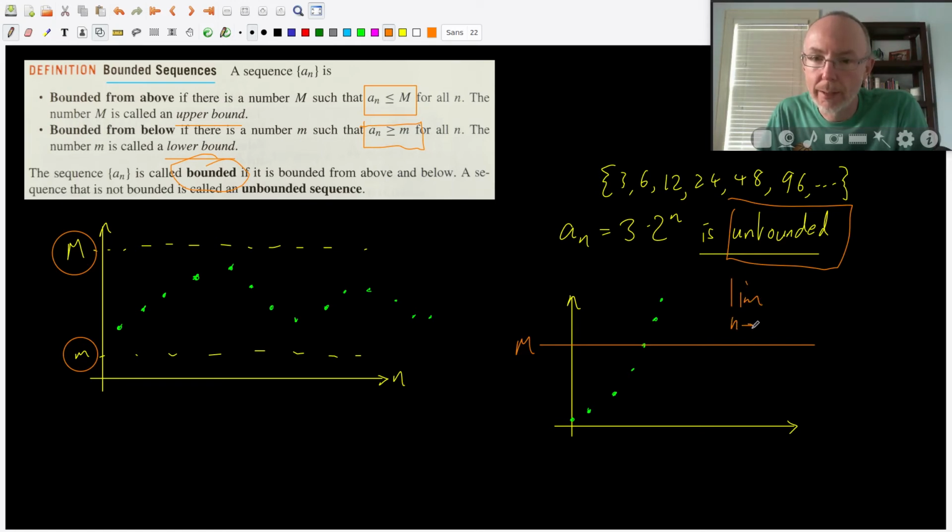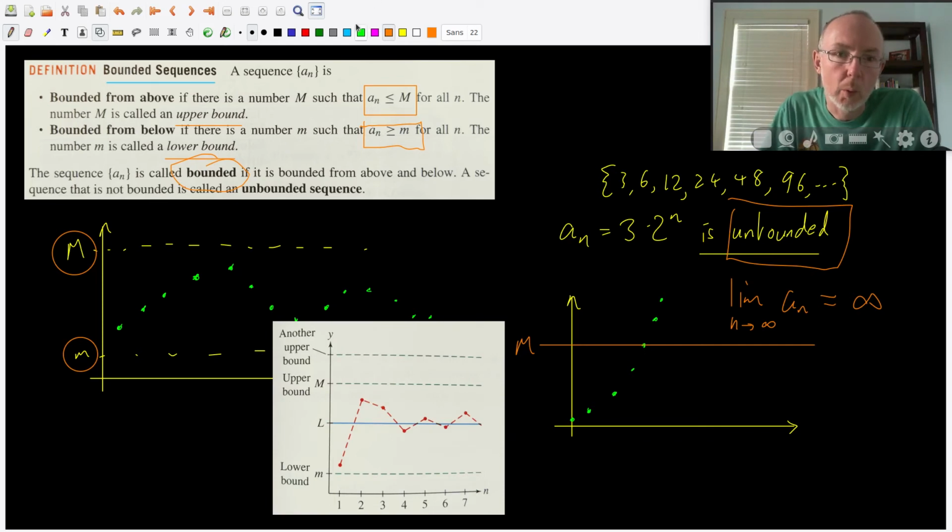So in this case, the limit as n goes to infinity for this sequence was infinite. And so a sequence that diverges to infinity, or diverges to minus infinity, is going to be unbounded. And here's an example from the book that shows you. Obviously, in my first example, that big M that I drew wasn't the smallest upper bound that you could draw.